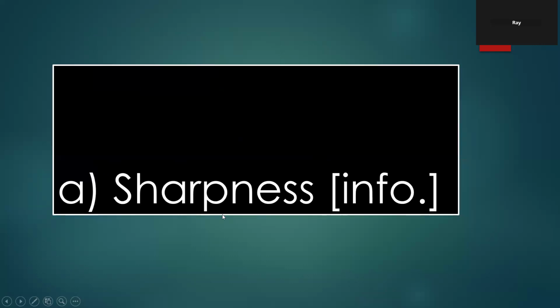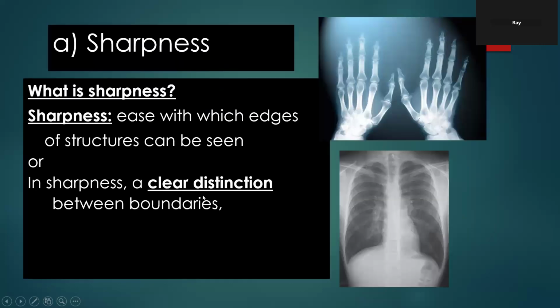This is for info, sharpness. What is sharpness? Sharpness is how clearly the edges of the picture can be seen, a clear distinction between boundaries. There's the bone of your finger. This one is not so clear.